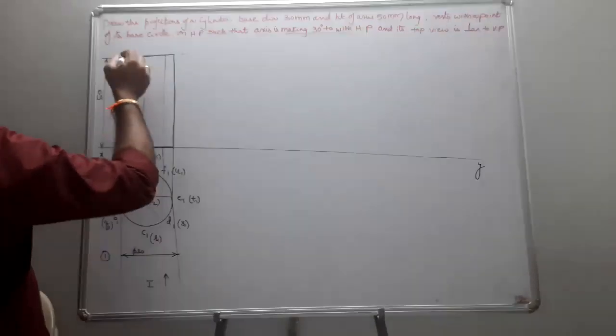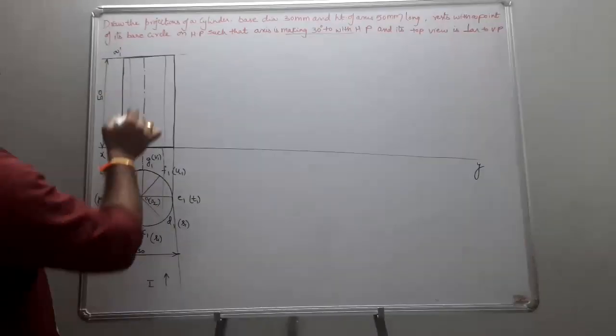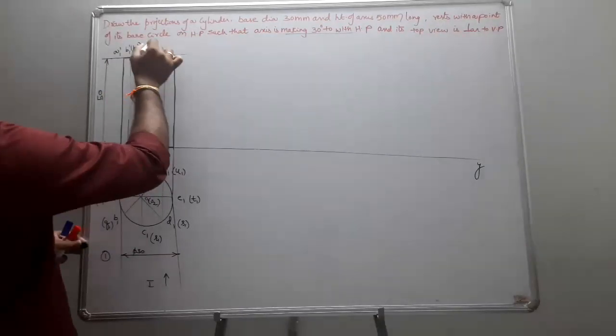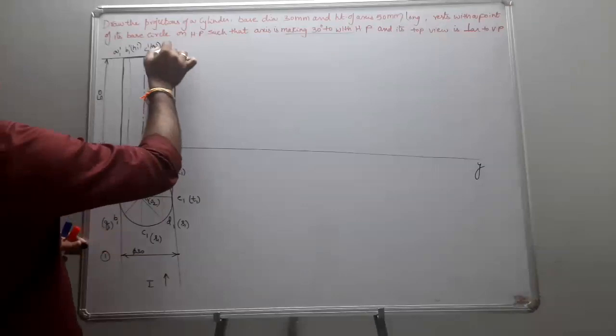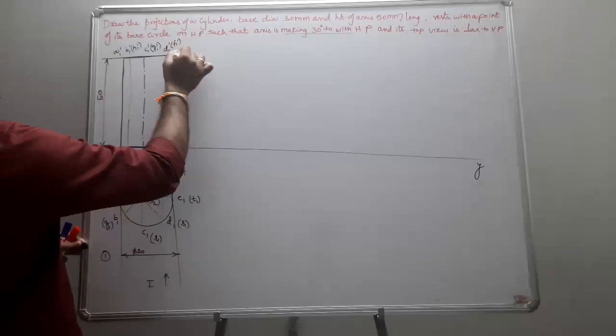So these points become A1 dash, B1 dash of H1 dash, C1 dash of G1 dash, D1 dash, F1 dash, and E1 dash.